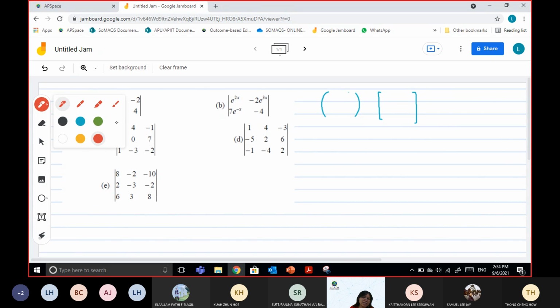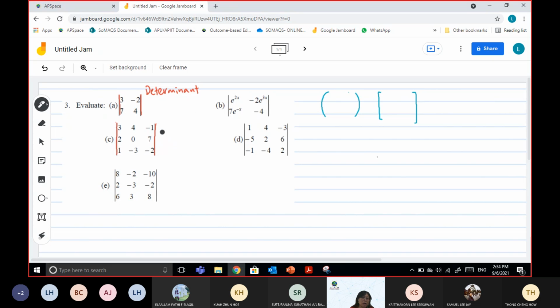But if you see 2 straight lines, please take note, the straight lines refer to the determinant. This is the symbol for determinant. Be careful when you use it. So all these notations have their meanings. Now, A and B are the determinant for 2 by 2 matrices.